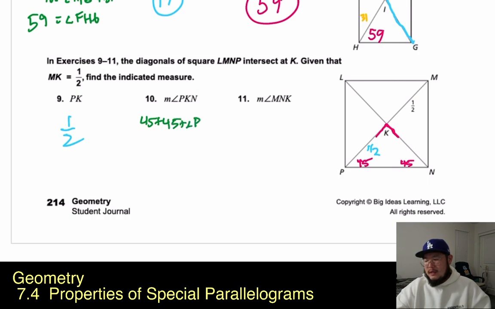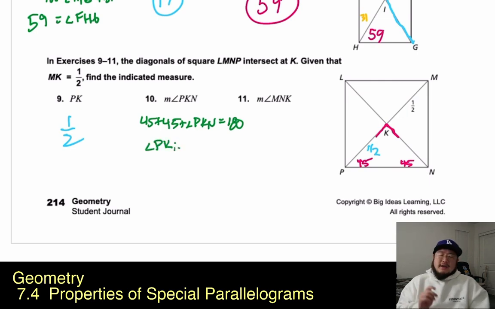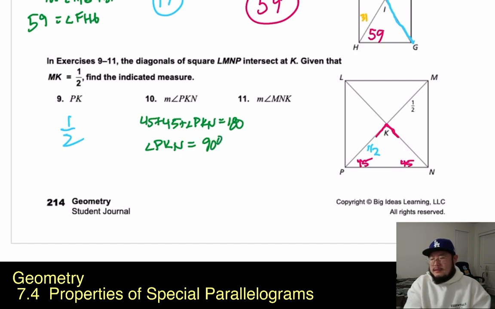So angle PKN is equal to 90 degrees. I could also realize this: remember, when it comes to a rhombus, what happens with the diagonals? The diagonals intersect and form 90-degree angles. And right there, we could have also figured out our answer of 90.